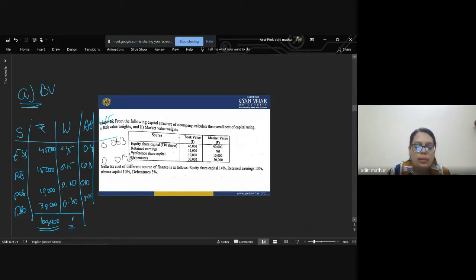Then 0.10 into 0.10 is equal to 0.01. 0.3 into 0.05 is 0.015.